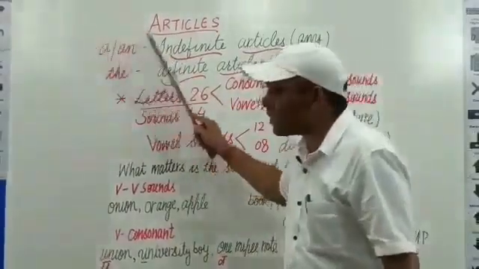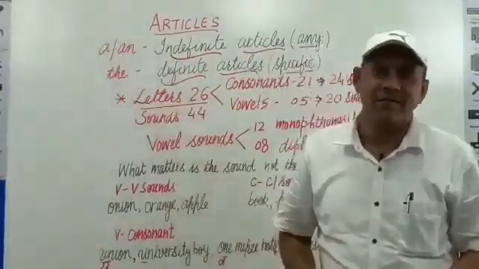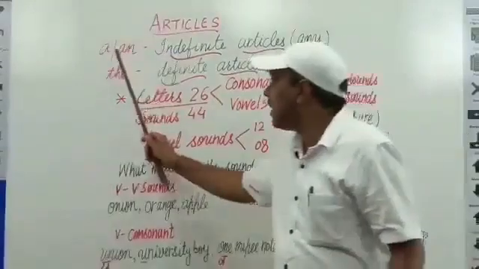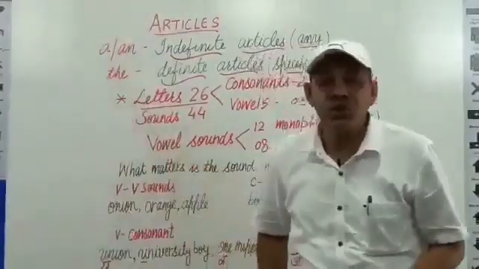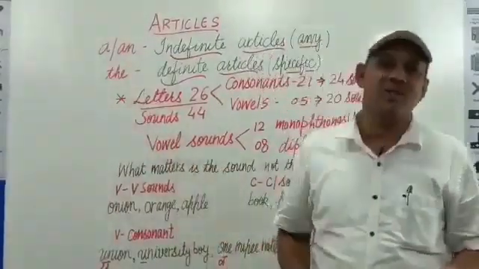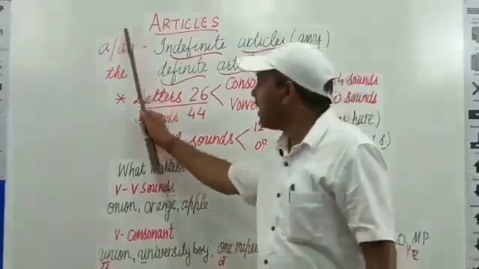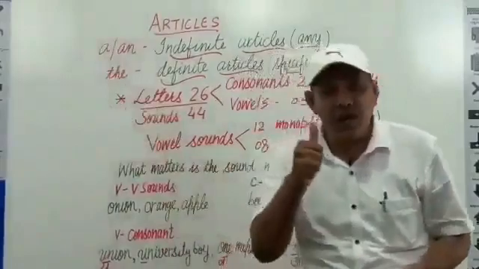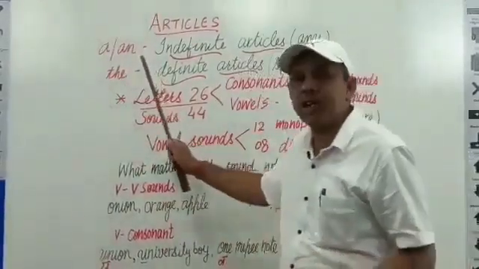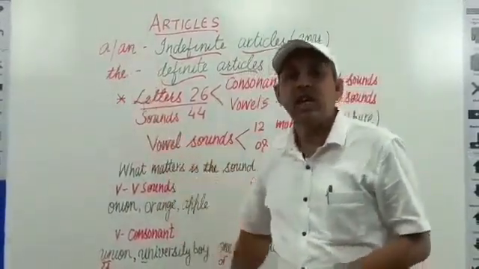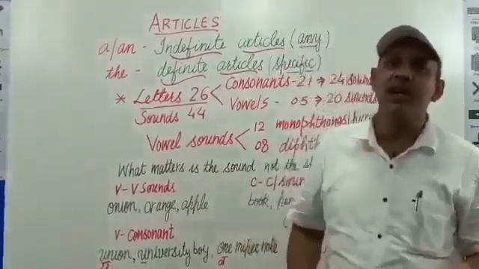These are the short form of one. That's why a and an are used for singular nouns, for singular words. They are used because they refer to one. They are the short form of one. That's why they can't be used with plural nouns.